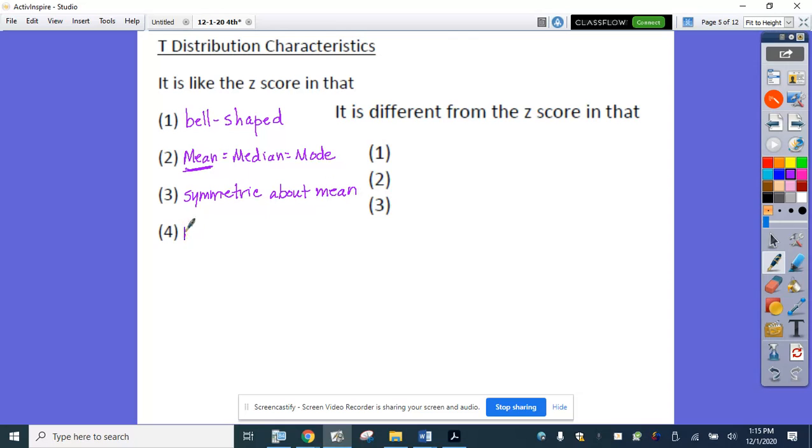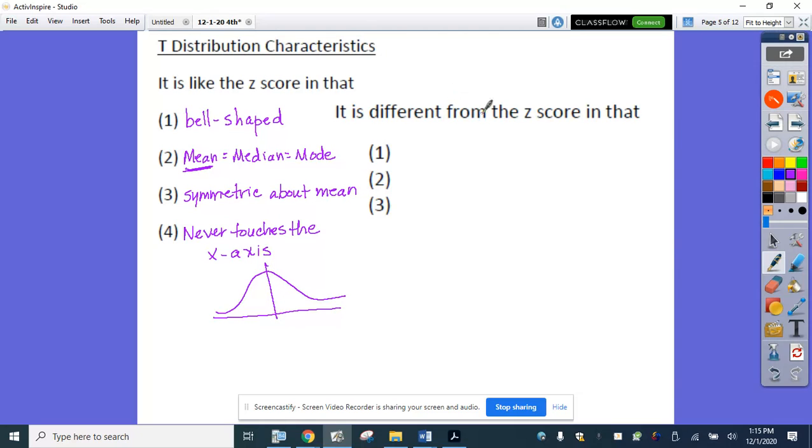And it never touches the x-axis. So basically what we're saying is we have a bell-shaped curve and my mean, median, and mode are in the center.